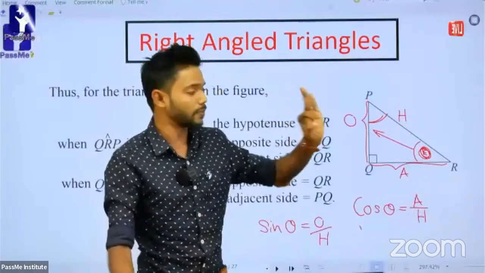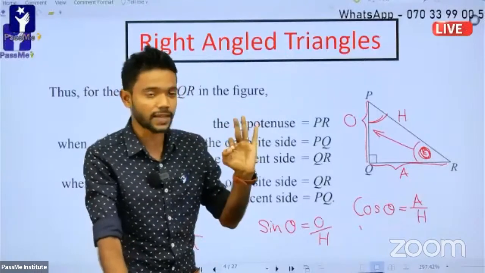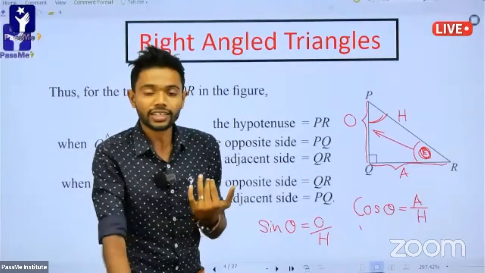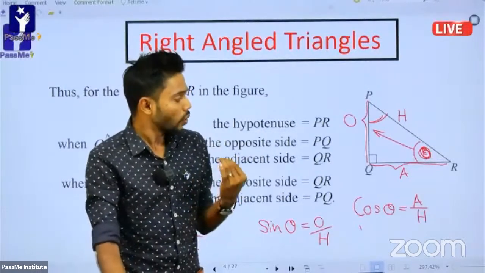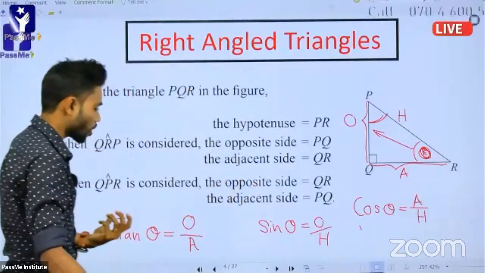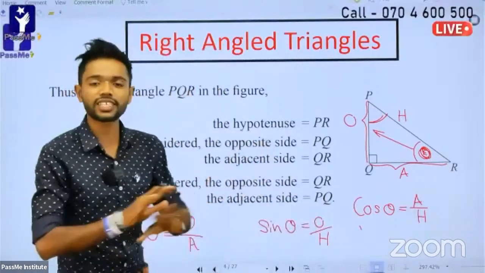Therefore, the second step is to check where the angle is located. Then the third step is to check which data you know and what data are given in the question. By looking at the available data, you can select sine or cos or tan. After that, everything is very simple.